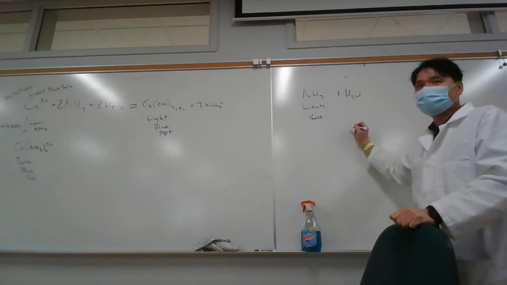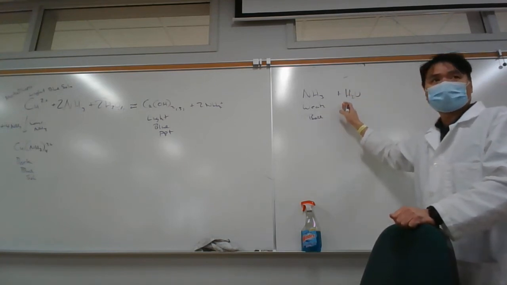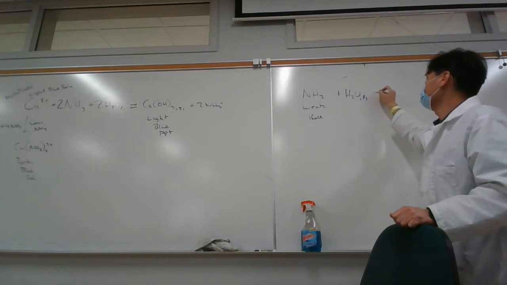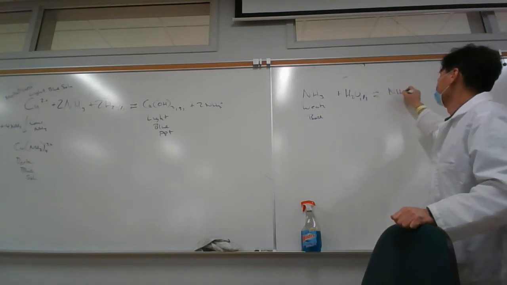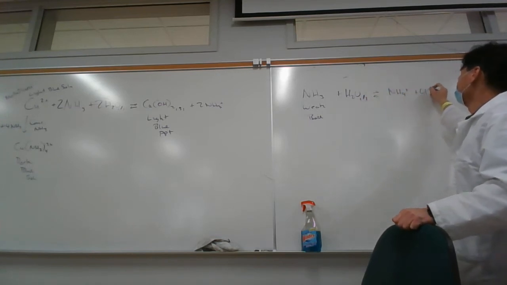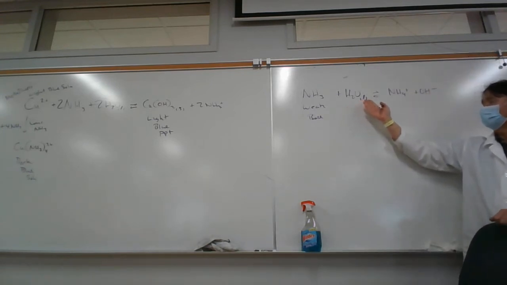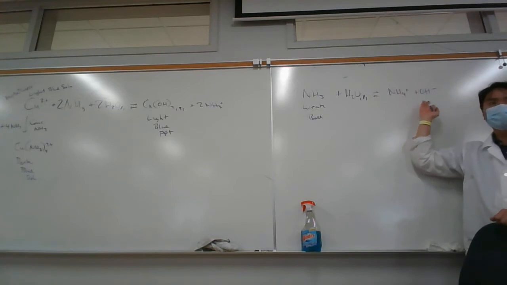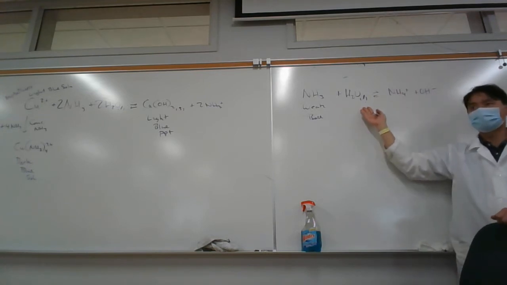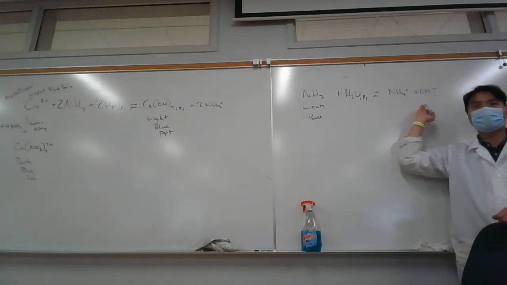Bases hydrolyze, that is, they react with water, and they do partial hydrolysis of water. And what we're going to form here is ammonium and hydroxide. And so weak bases partially hydrolyze water to produce a little bit of hydroxide. Strong bases completely hydrolyze with water to form lots of hydroxide.